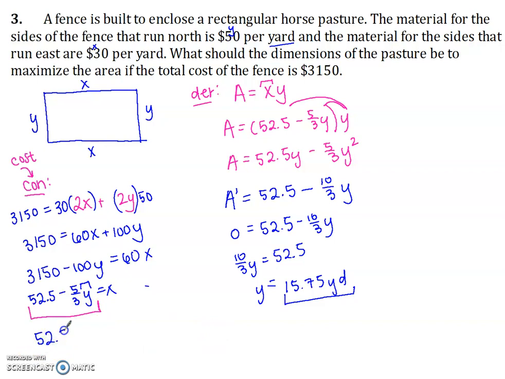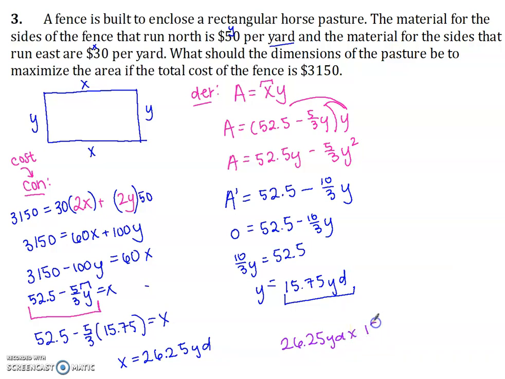So this will be 52.5 minus 5/3 times 15.75. That's going to give us the dimension for x, and that'll be 26.25 yards. So how I write my dimensions would just be 26.25 yards by 15.75.